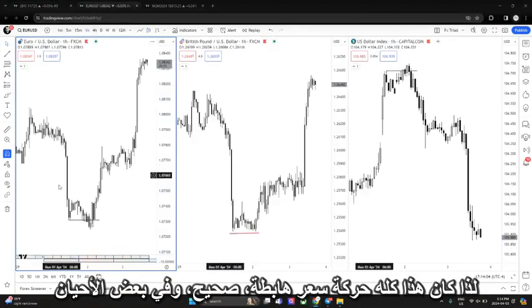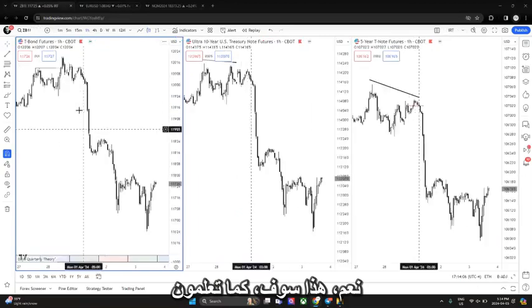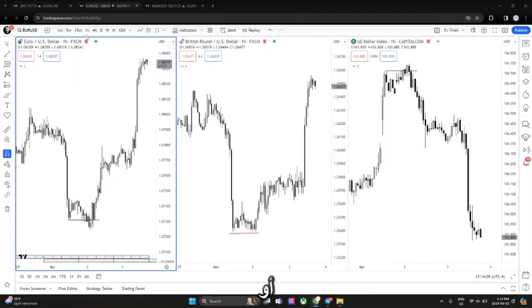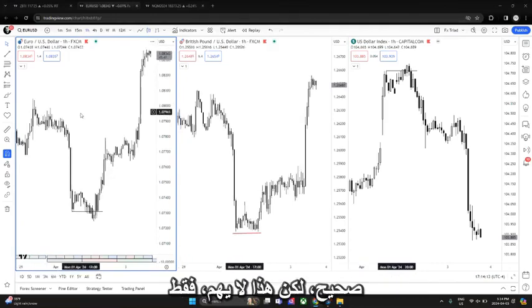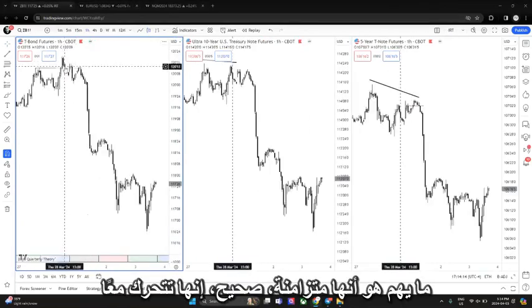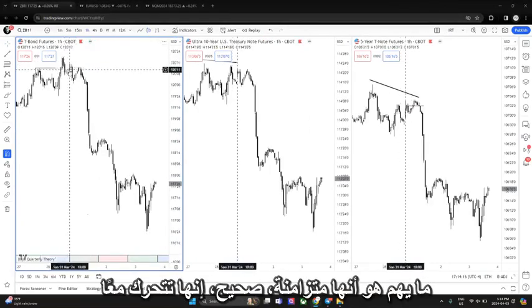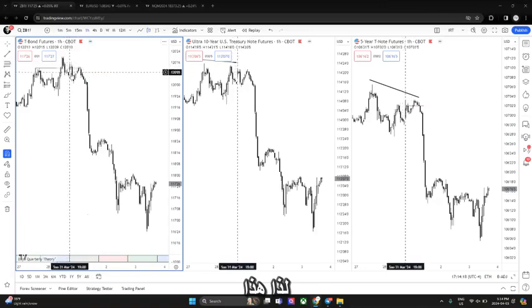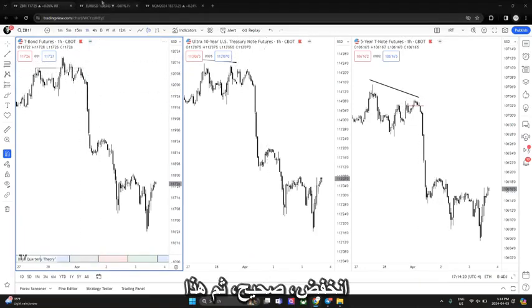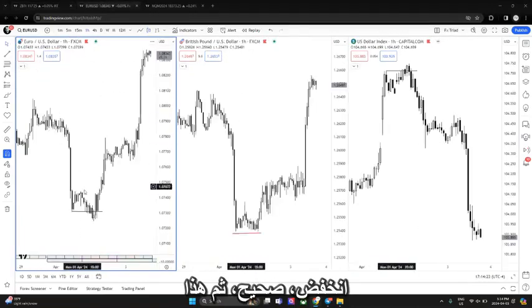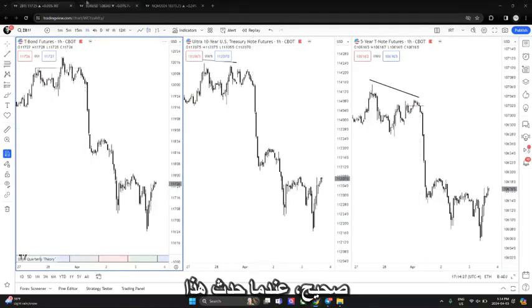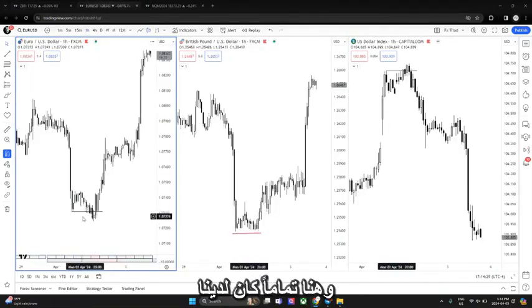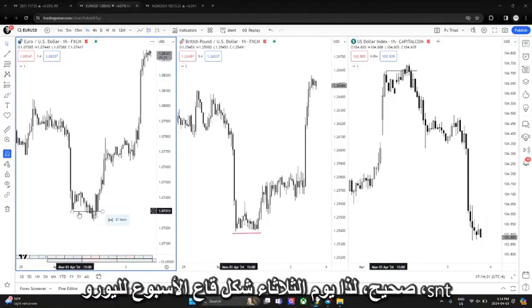And at times, yes, each asset class will drop more than the other, but that doesn't matter. It just matters that they're in tandem, moving together. So this dropped, then this dropped, and when this occurred, right here we had SMT.